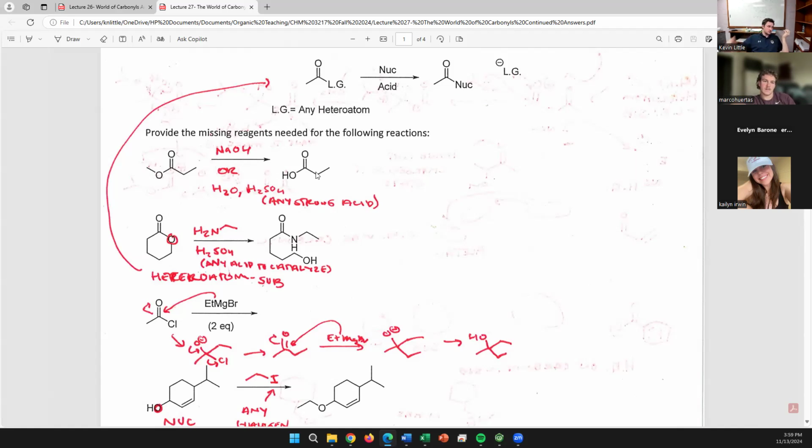What do I need to substitute this methanol with? You use the NaOH to substitute it? Yes, the OH is my nucleophile. It substitutes that out to give me this.